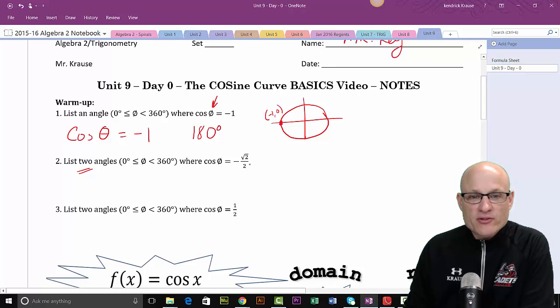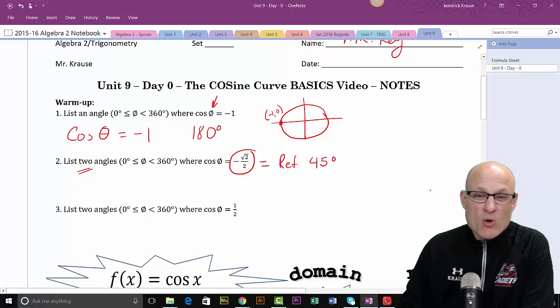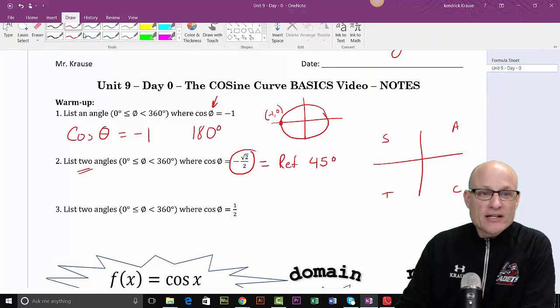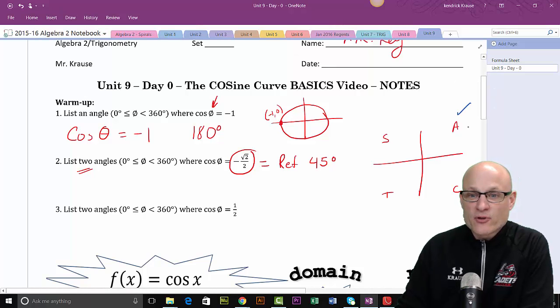List two angles between 0 and 360 where cosine equals negative square root of 2 over 2. Well, we know this has a reference angle of 45 degrees. But now we're talking about where cosine is negative. All students take calculus. Cosine is positive in the first and fourth quadrant. So we need to talk about cosine being negative.